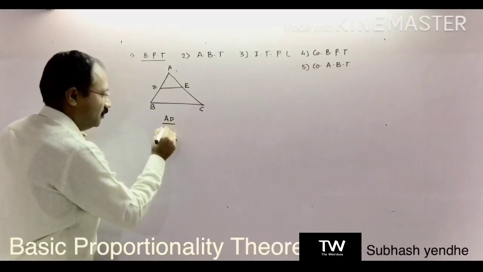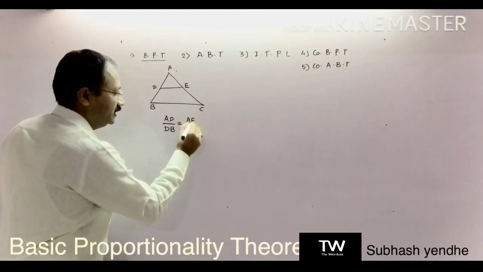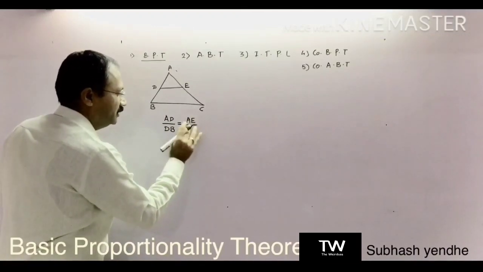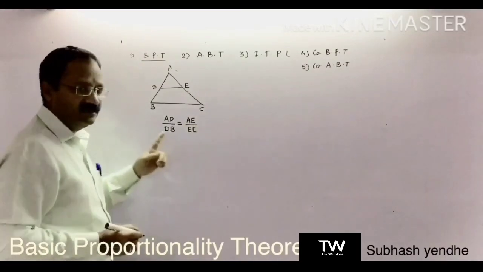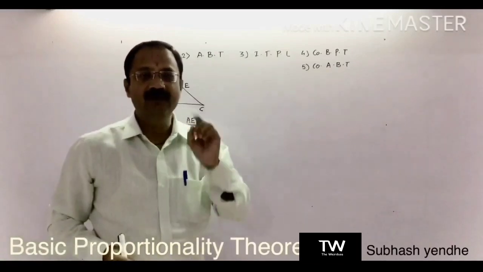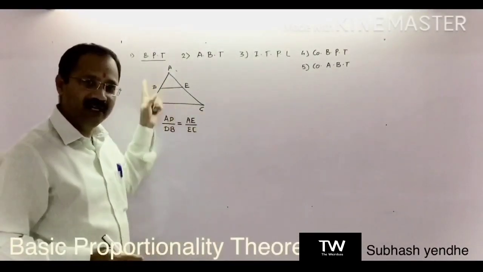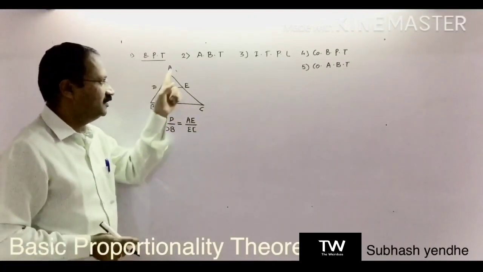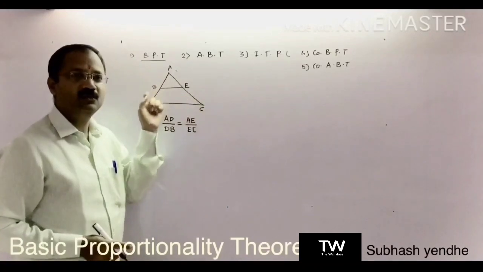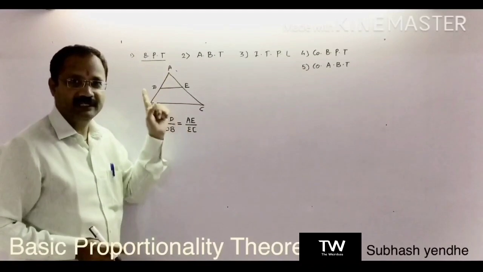AD upon DB equals AE upon EC. It means you have to remember one point. If a line is parallel in a triangle, then that line divides the other two segments into two equal ratios. This is called the basic proportionality theorem.